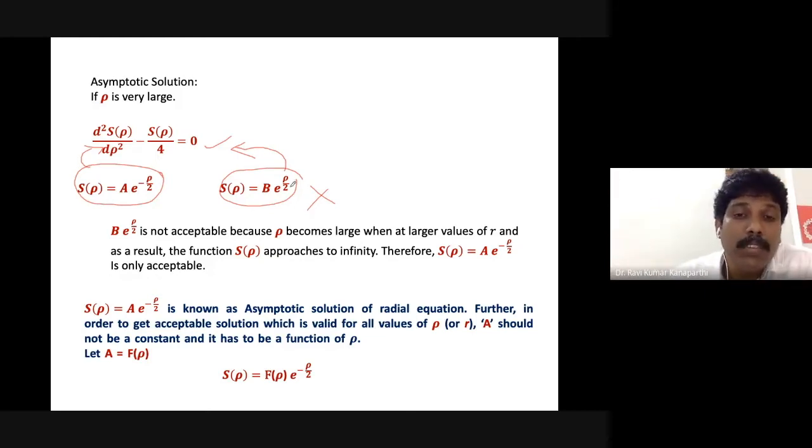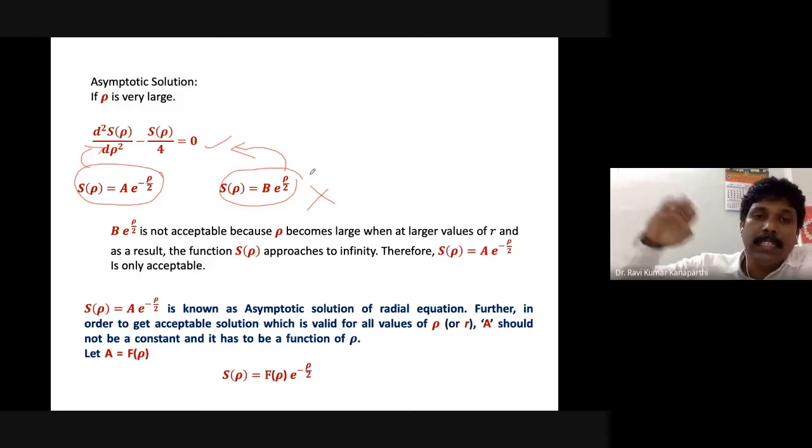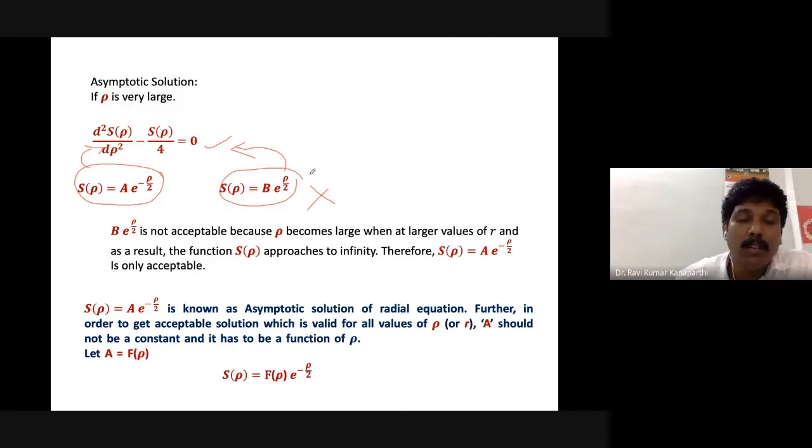But this function keeps on increasing, because e to the power rho by 2 is an exponentially growing function. So we cannot accept this, because if we think of something as a solution, it should have a physical meaning.